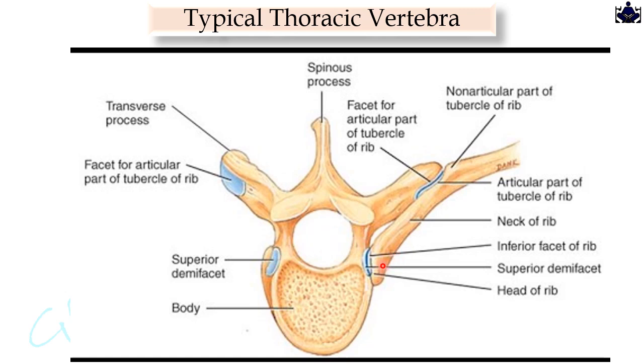You can see here, towards either side of the centrum, or rather the pedicel, the presence of a pair of facets, and the second pair of facets is present at the transverse process. Secondly, it has a heart-shaped centrum.